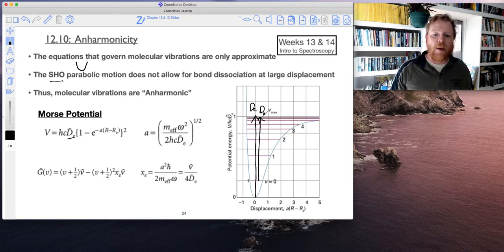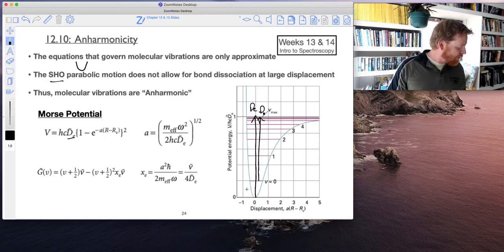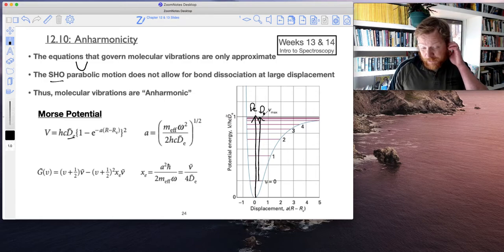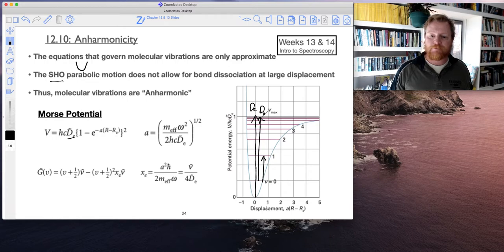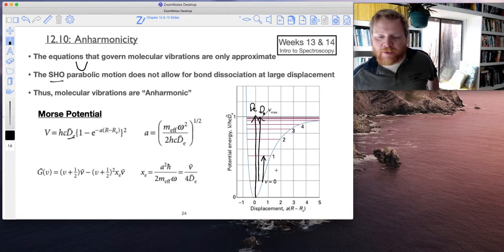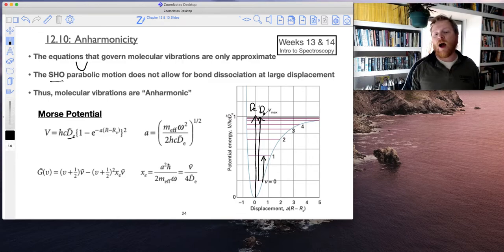And so what this also means is generally we always see the fundamental transition in spectroscopy from 0 to 1. However, in some cases, we might actually be able to skip a level and go up 2 levels at a time. And that is due to this anharmonicity, depending on the strength of the vibration and the width of the well.